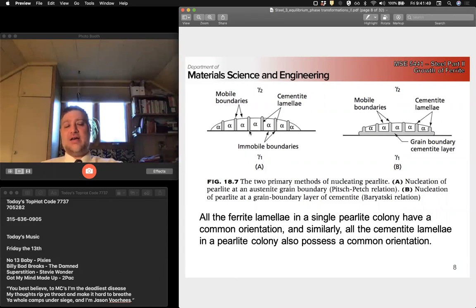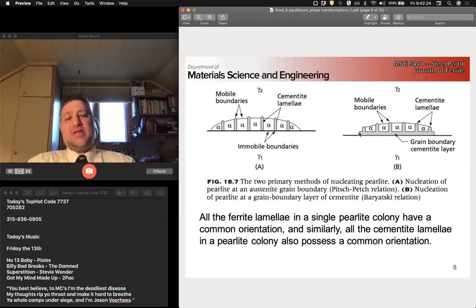And we nucleate some ferrite and some cementite, and they grow in this alternating structure that has a corresponding wavelength associated with it, right? This is schematic, but it's not too different from what happens in reality. There's a sort of regular separation distance of these cementite lamellae, right?